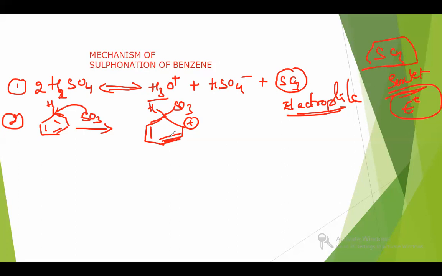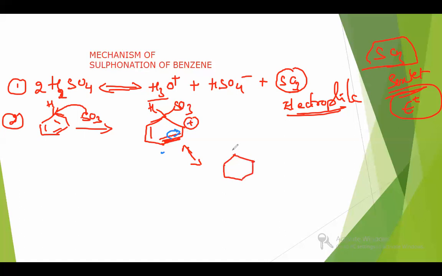If SO3 attacks at this position, it forms an electron-deficient center. The pair of electrons shifts here and a positive charge forms. That is one step. Now I'll write all three structures.